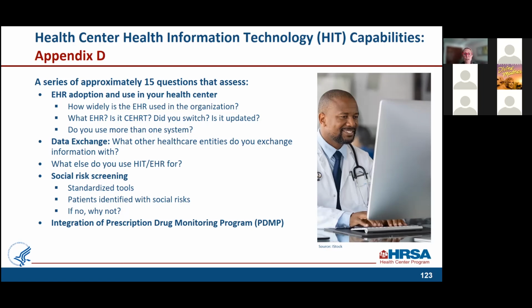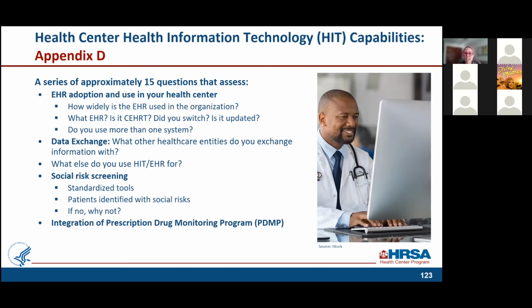Then there's a social risk screening section, which asks a set of questions about social risk or social determinants of health screening. On this portion of the form, starting at question 11, this refers specifically to screening for social needs or social risks that are not reported elsewhere in the UDS.